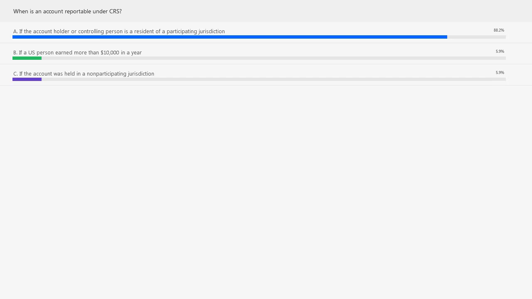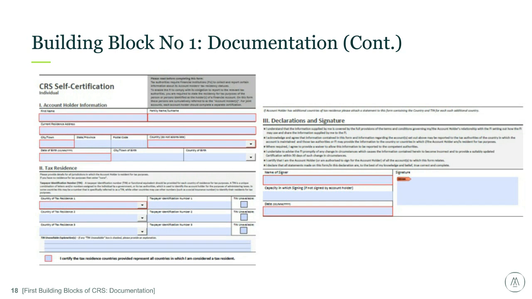All right, so now we move on to individual self-certifications, and this one's a little bit easier, just as W-8BEN forms are far less complicated than W-8BEN-E. So you have name, address, a date of birth, a country of tax residence, a corresponding TIN, a certification, signature, and date.